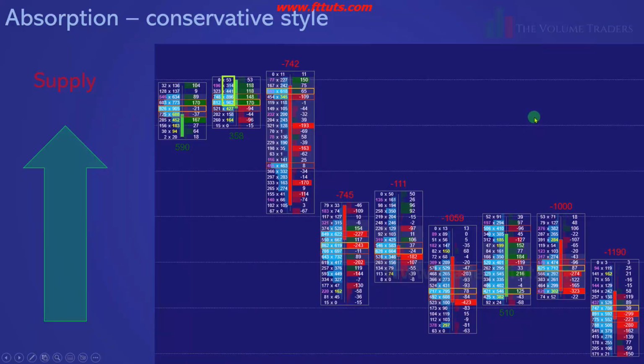And again, the entry should be at the closure of the candle after the shift on delta. So we have highly positive delta and it shifted, meaning it changed to highly negative. Like on the line chart, price is going slowly up, meets the huge order, and then boom, a fast reaction.